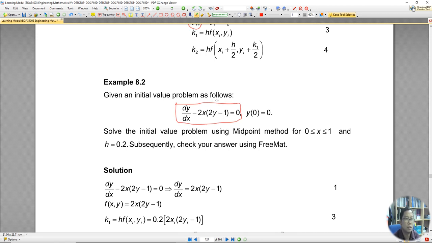Before processing, this is the condition: y of 0 means that when x equals 0, y equals 0. This is the condition related to this statement. Again, I repeat.